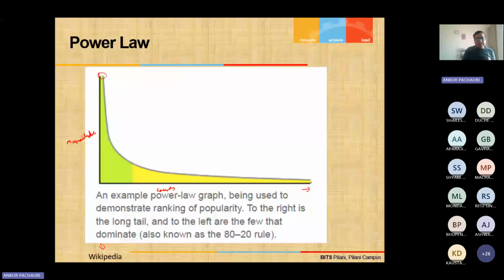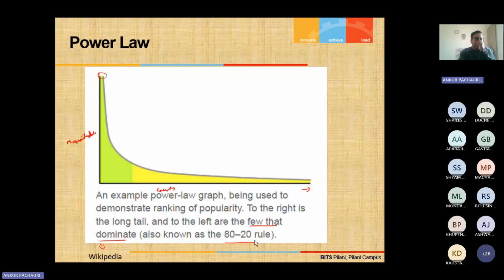This is an example of a power law graph being used to demonstrate the ranking of popularity: to the right is a long tail, and to the left there are few that dominate. If I find the mean of this distribution, the mean will be towards the extreme values. It is also sometimes mentioned as the 80-20 rule.